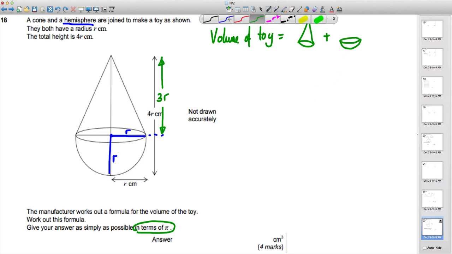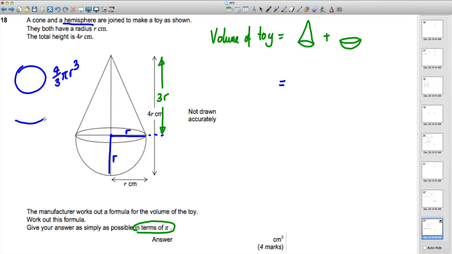Simple as that. Now, you are given the formulas of a cone and a sphere in your formula booklet, okay? Now, if you look in your formula booklet, it gives you the volume of a sphere as 4/3 pi r cubed. So half of that, the volume of a hemisphere, must be 2/3 pi r cubed, right?